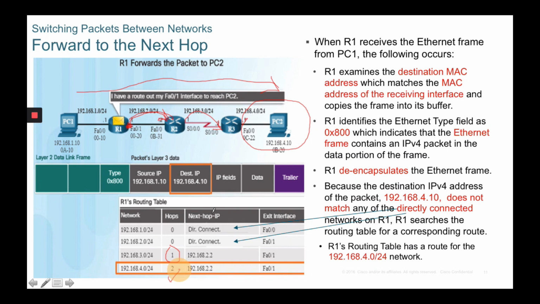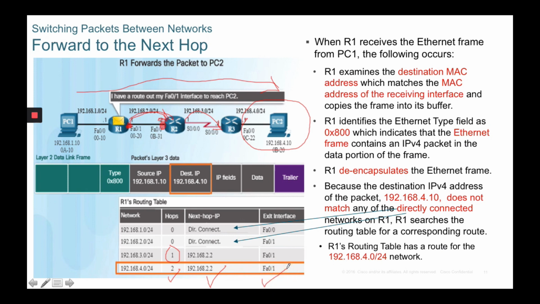And the next hop IP address for router 1 to route to PC2 is this interface, 192.168.2.2. And the exit interface of router 1 is connected to FA0/1. That's why you got the result here.